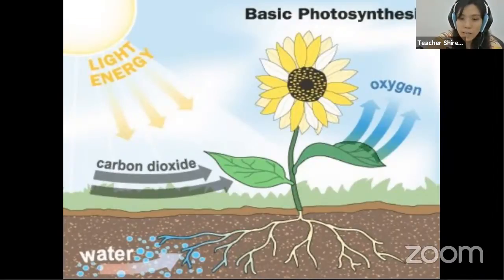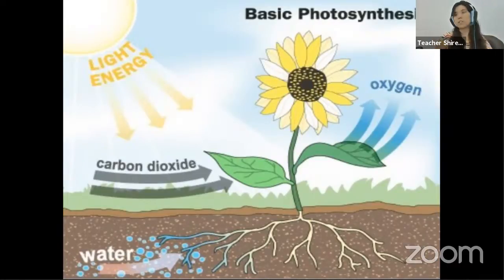Sunlight plus carbon dioxide plus water, going through photosynthesis, then you create food and oxygen.